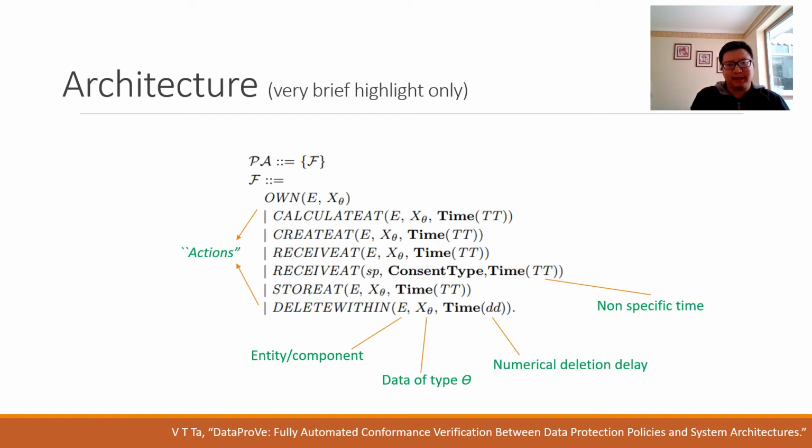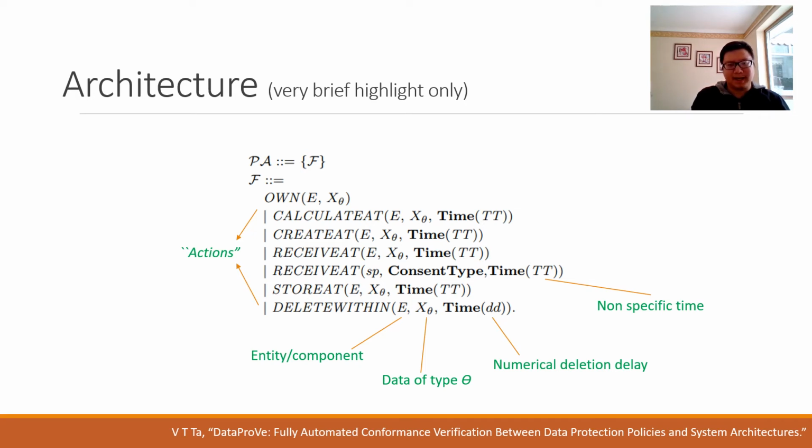Now, as for the formal definition of architectures, we define an architecture as a set of actions which define who can do what in the system. So, for instance, in this picture, the action calculate says that in the system, an entity E can calculate a piece of data of type theta.